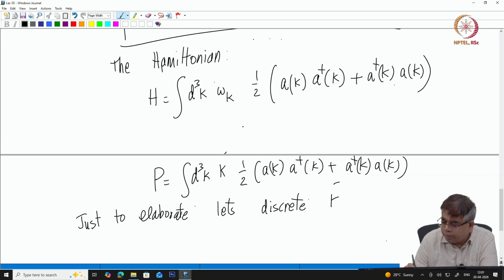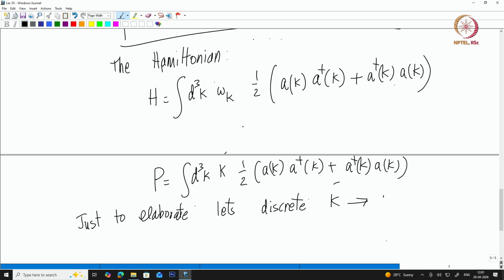The point is that instead of k being a continuous variable, make it a discrete variable.